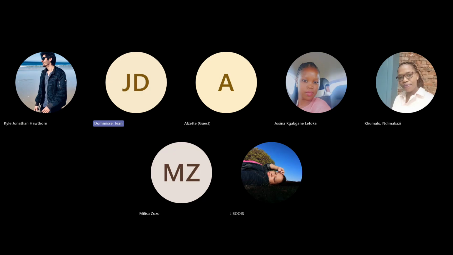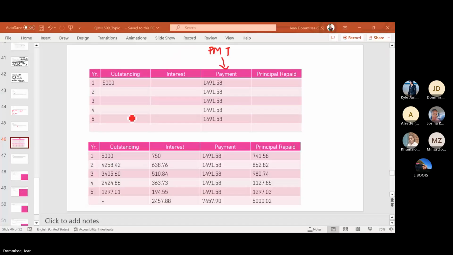So then if we go back to our slide, you can see that was the payments. So basically what we need is the interest. The interest here is interest on 5,000 Rand. So it is 5,000 times 15%.